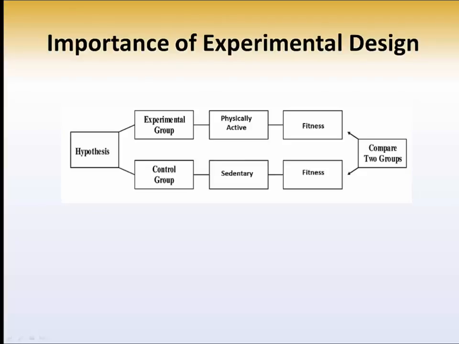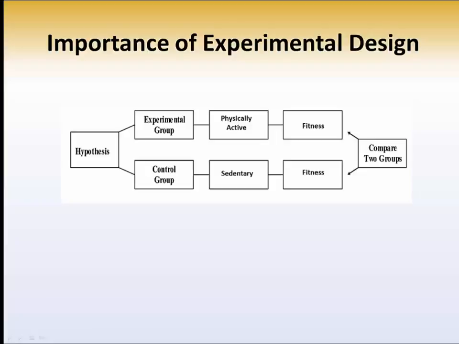Here's an example of a very simple research design. We will start with this later on in the book and then build on this. In this case, we have a hypothesis that there may be a difference between physically active and sedentary people in terms of fitness level. And so we set up an experimental group and a control group.